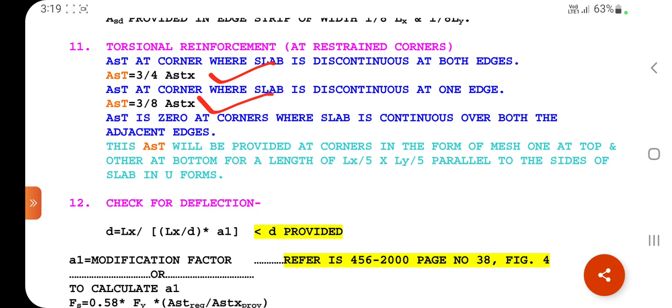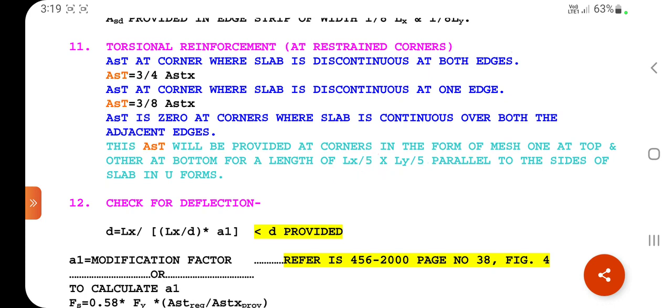Ast is 0 at the corner where the slab is continuous over both the adjacent edges. This Ast means torsional reinforcement. It will be provided at the corner in the form of mesh, at the top and the other at the bottom, for a length of Lx by 5 or Ly by 5 parallel to the side of the slab in a U form.